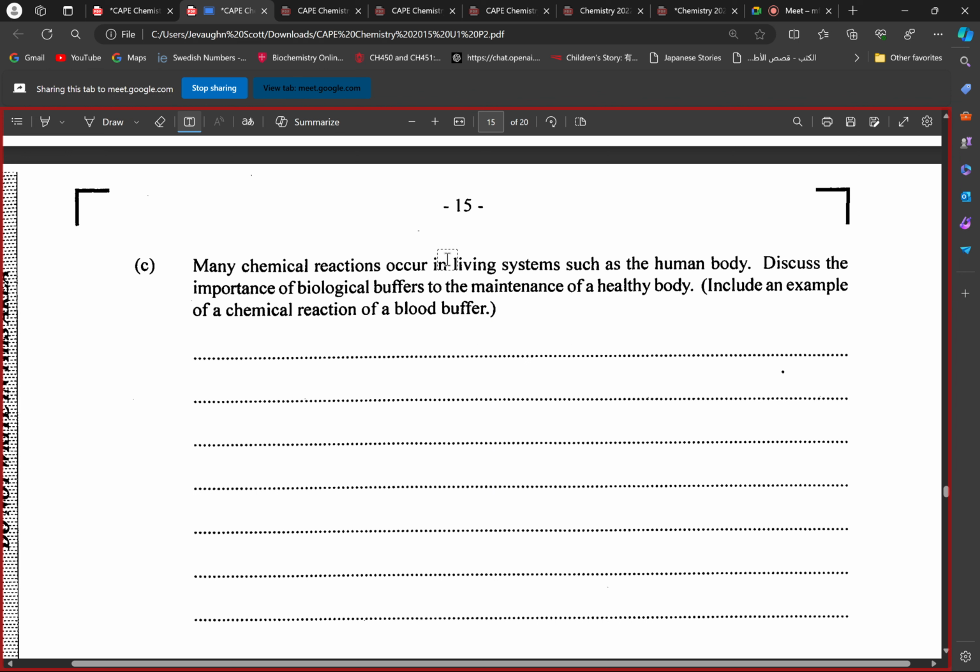So all we need to do is write the hydrogen phosphate buffer system, explain how that buffer system works, and then connect it to the health of the body. You get it, right?